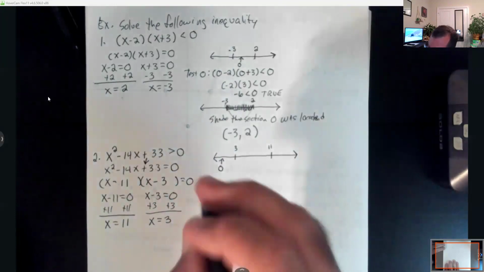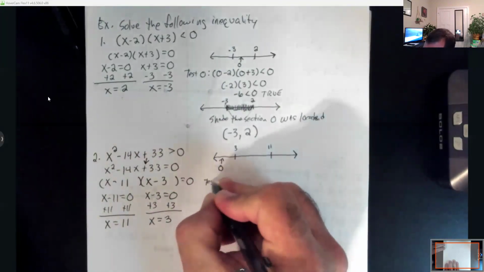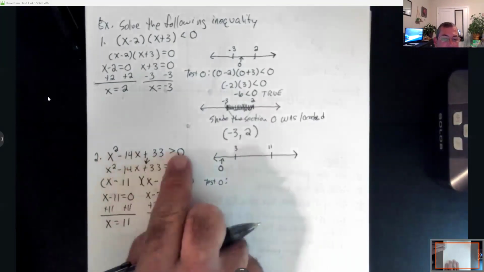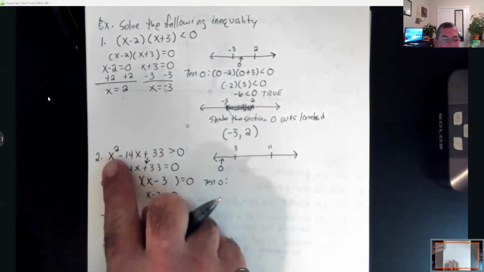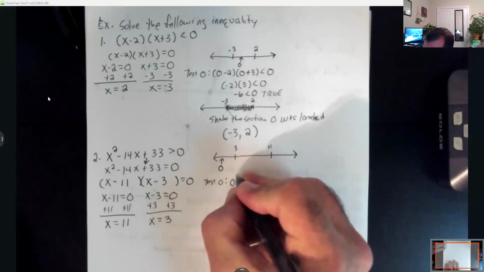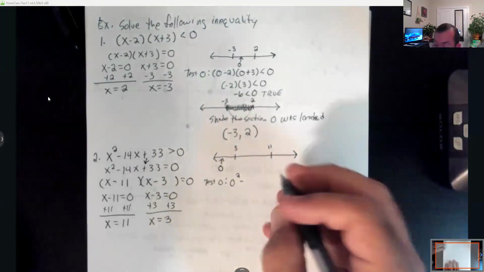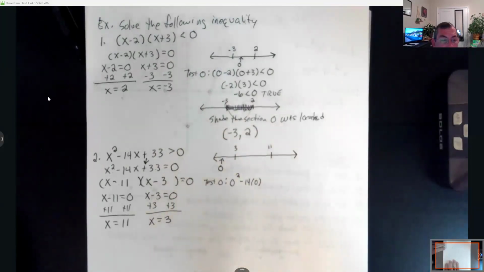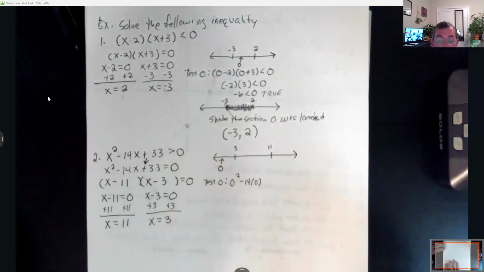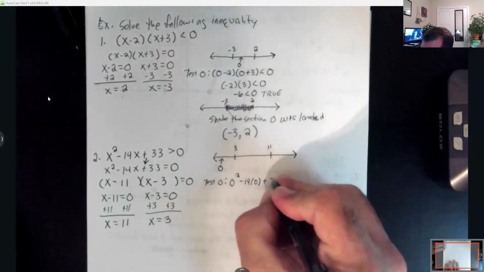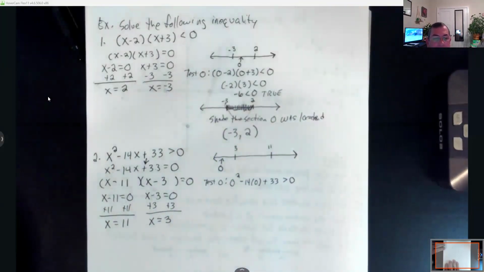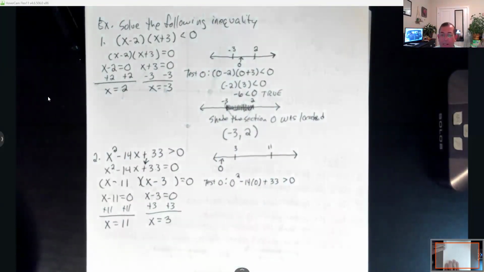So y'all, here we go. We're going to test our 0. Now, the reason I picked 0 is because it's easy to plug back into here. 0 squared, which is a big 0, minus 14 times 0, which is a big 0, plus 33 has to be greater than 0. So here's my question.